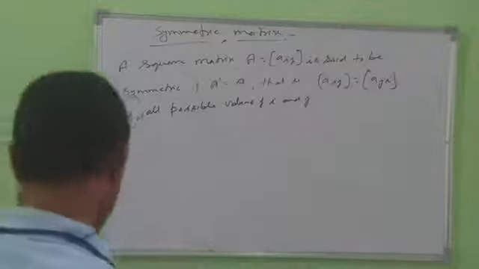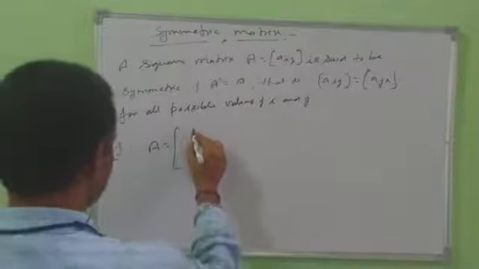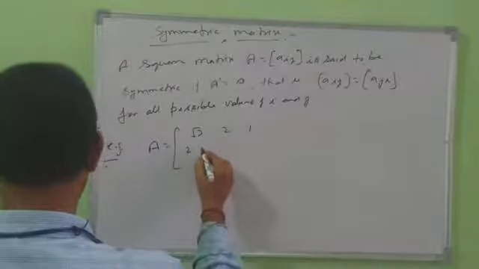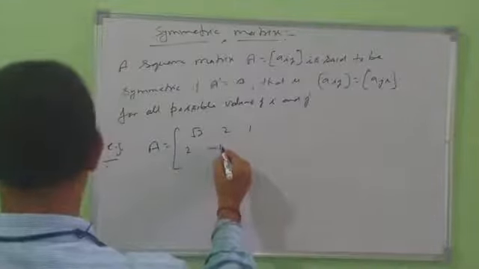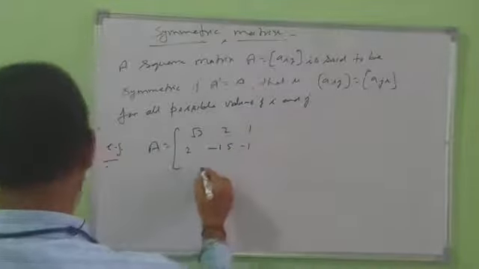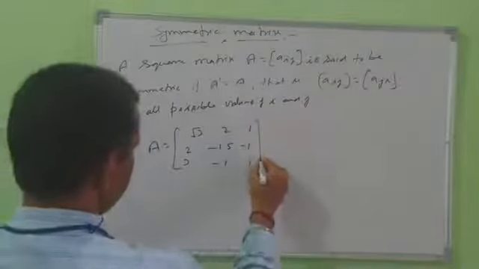First of all, an example: suppose a matrix A is given, with rows root 3, 2, 1; 2, minus 1.5, 1; and 1, 3, minus 1, 1. You can write any matrix here.